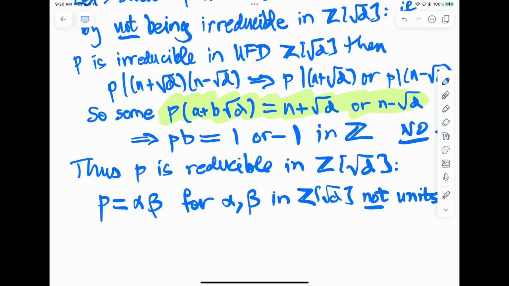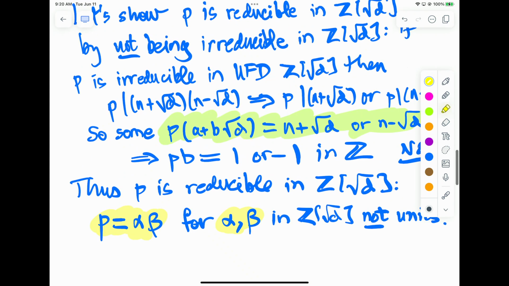Now, how do I make any progress on this equation? So here's a new equation. Let's highlight it in another color. Alpha and beta that are not units. So how do we do anything with this equation? So now it's time to do the one thing you always do when you're not sure what to do.